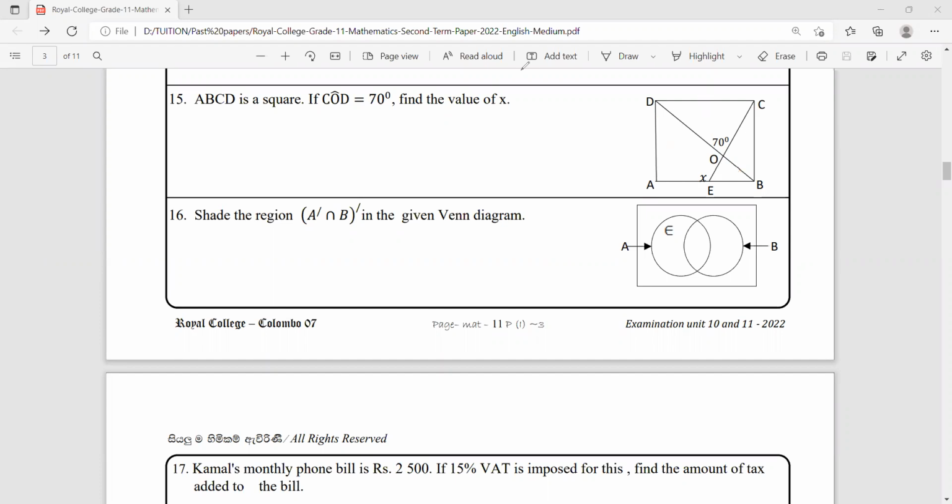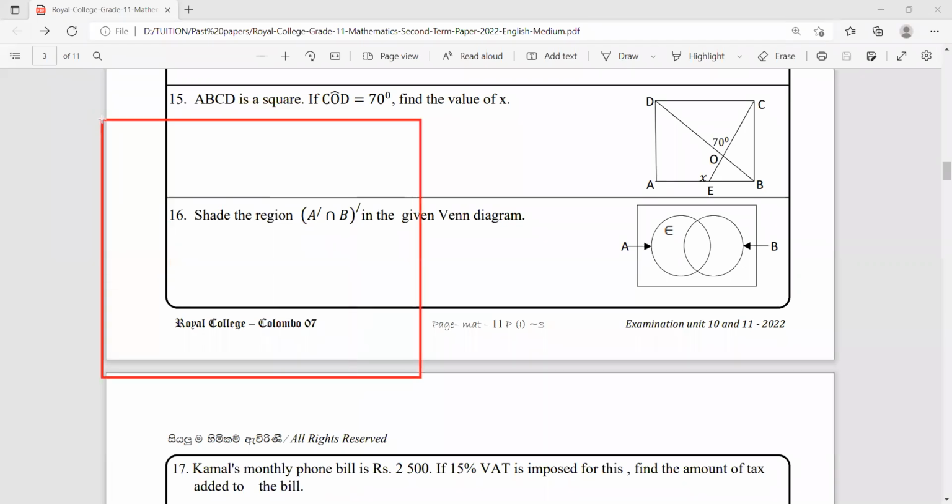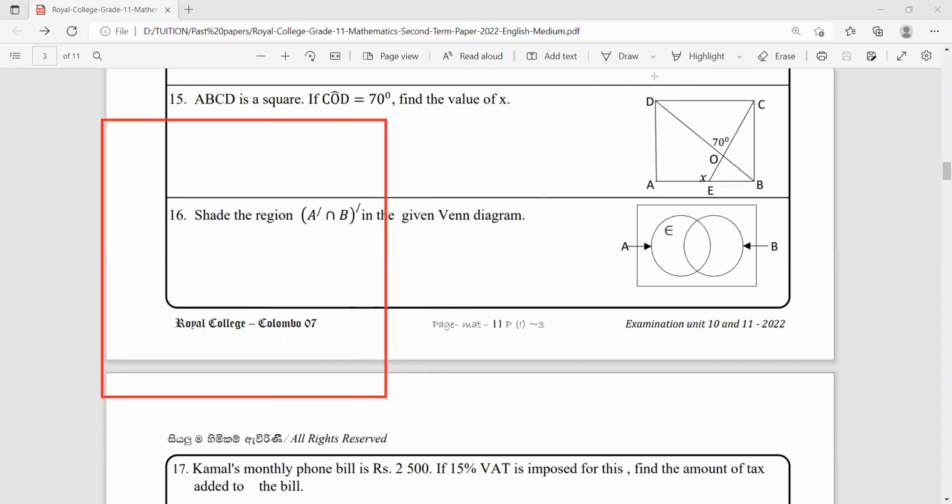Okay, let me draw this. Wait, we draw the square, something like this. You get this diagonal.